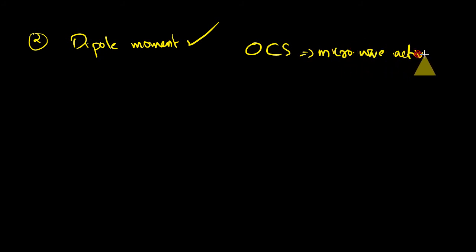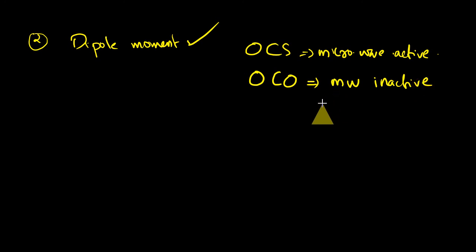Microwave active means it will give a rotational spectrum. But if you consider the similar molecule OCO, or carbon dioxide, then carbon dioxide does not have a permanent dipole moment. Therefore, it is microwave inactive. Carbon dioxide is microwave inactive.